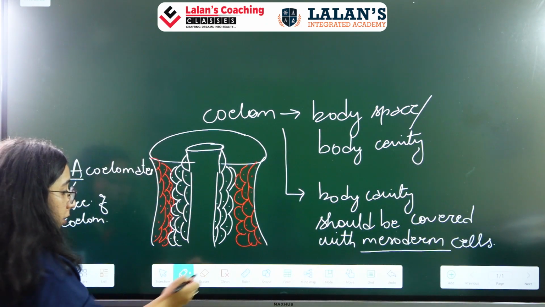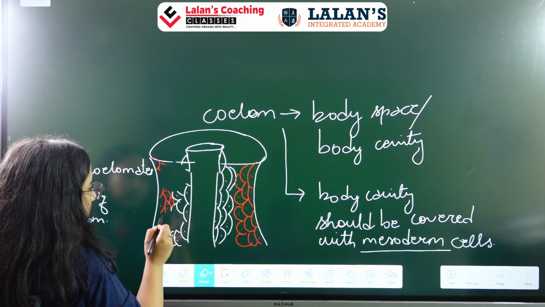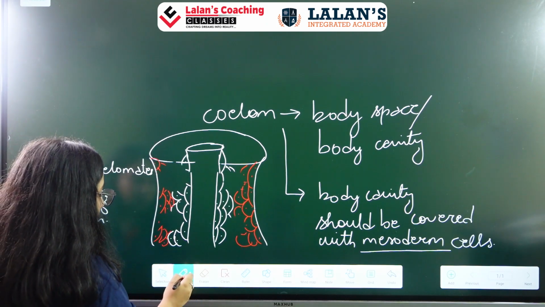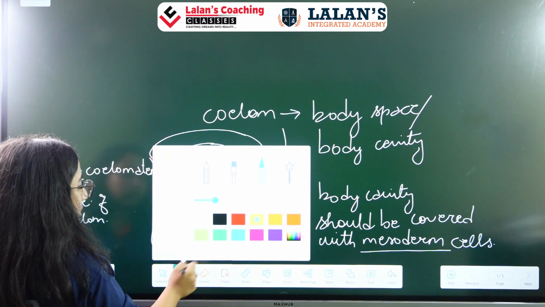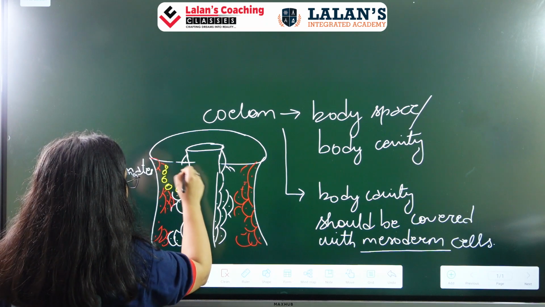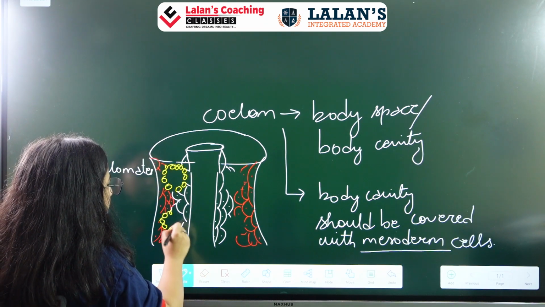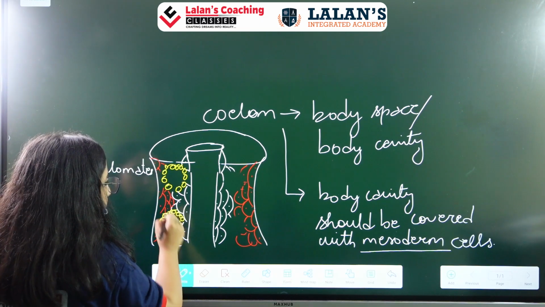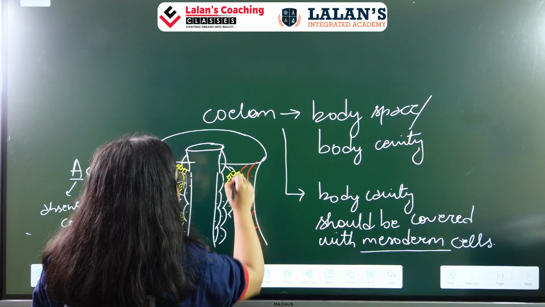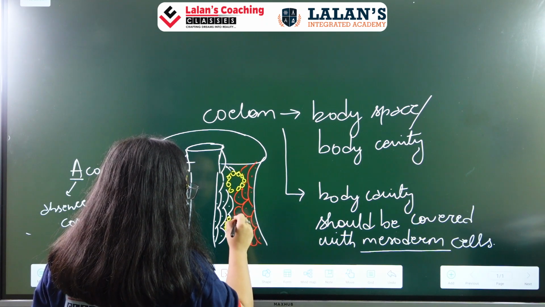Okay. In some organisms what happens is, there's just a little amount of space, and this is covered with smaller mesoderm cells. Just little space, not the whole cavity, but just little pockets of space. We can call them little pockets of space. And apart from this, the other spaces are filled with endoderm and ectoderm.